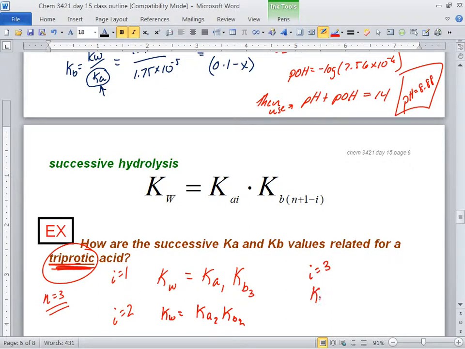I'll have Kw equals Ka3, that's the last one because there's only 3 protons, times Kb, 3 plus 1 minus 3 is Kb1. And there's my 3 equations to relate the two. Okay. So give the homework a shot, come by, and I'll be glad to help you out with these problems.